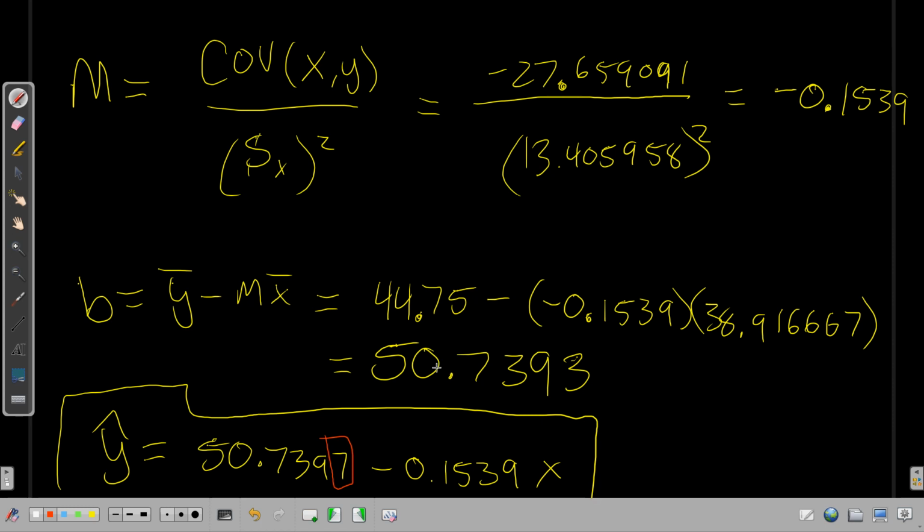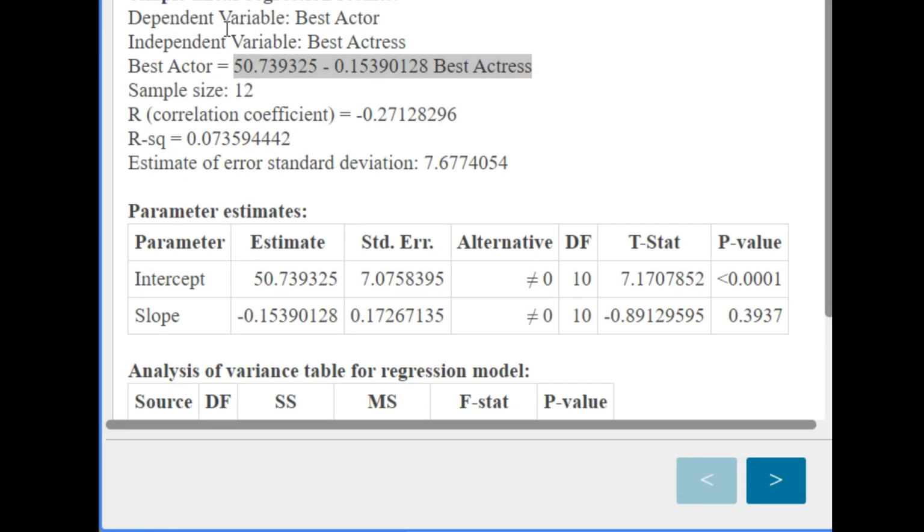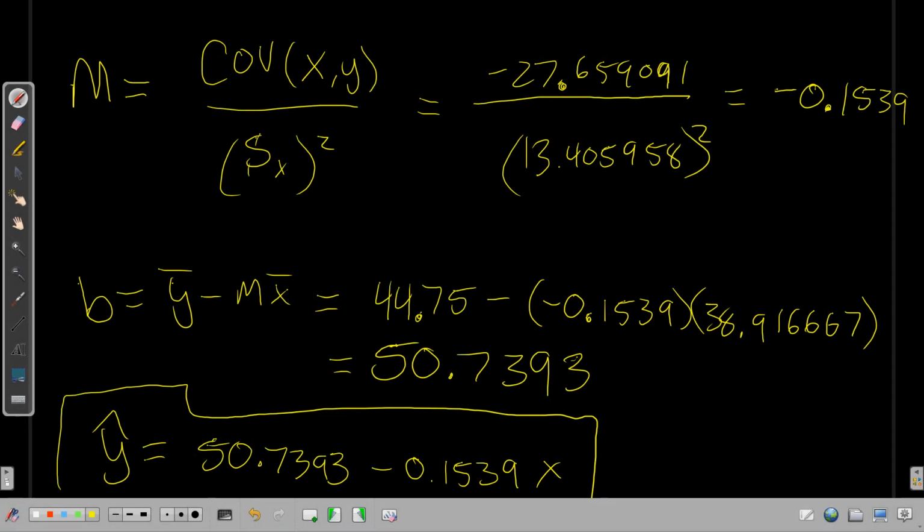Of course, I just copied it down wrong. That's the problem. It's really 50.7393. And so we are in perfect agreement because that's what they have, 50.7393. And then I kept 4 digits here, minus 0.1539. And that is exactly what I have right here and there. And that's how it's done.